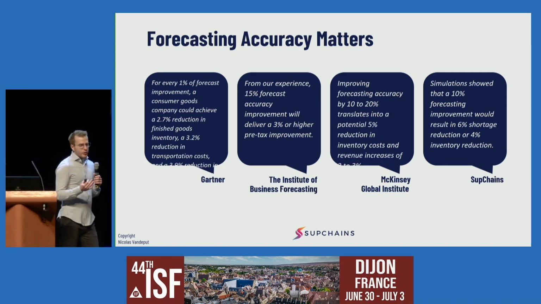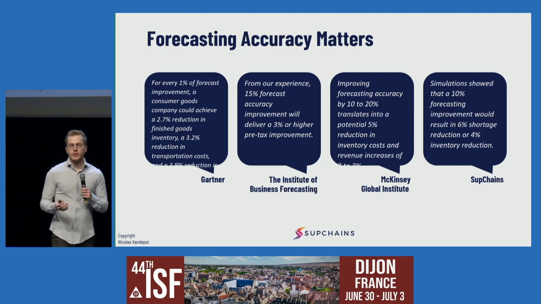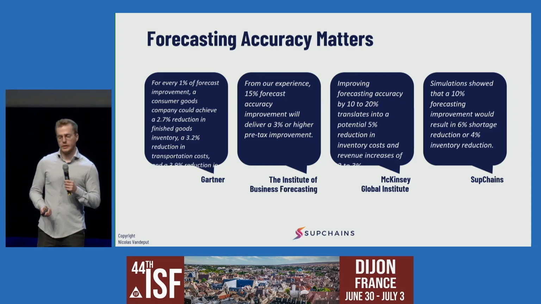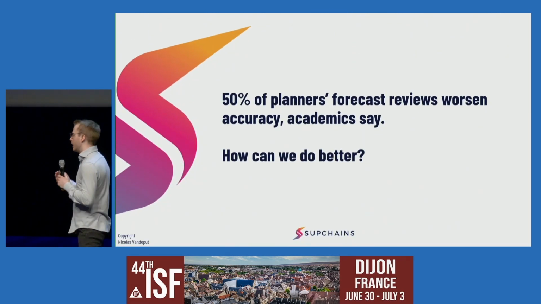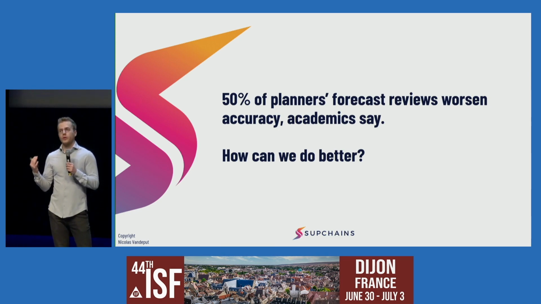So demand forecasting is important. Forecasting accuracy is important, so you would think we are very good as supply chain professionals at forecasting demand. Now it happens that if you look at scientific research, academic review, we're not so good.